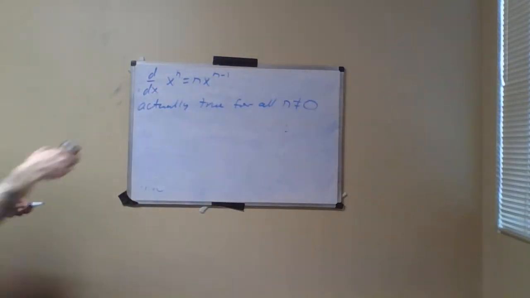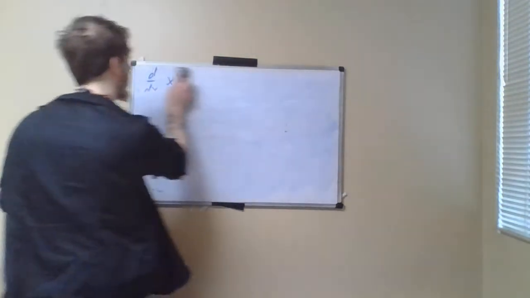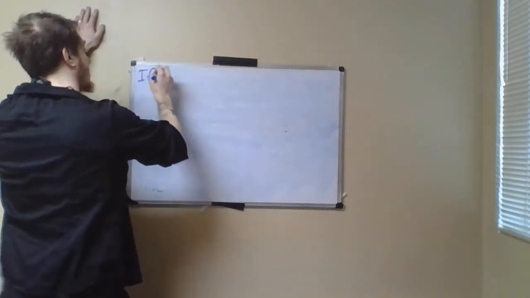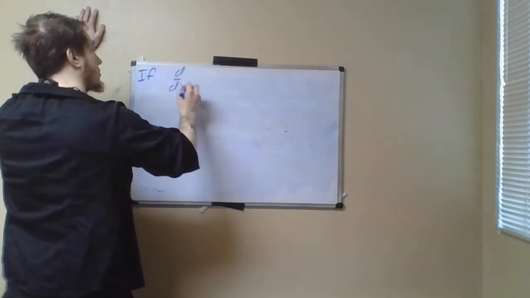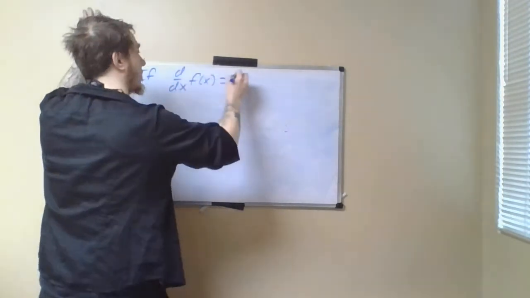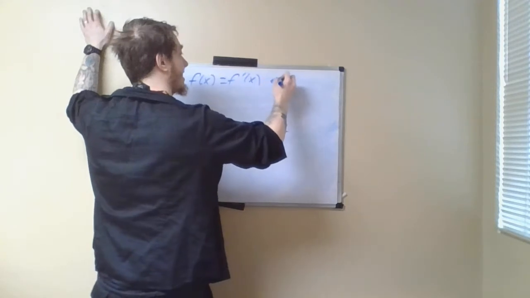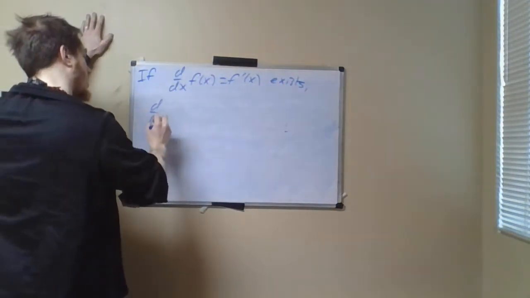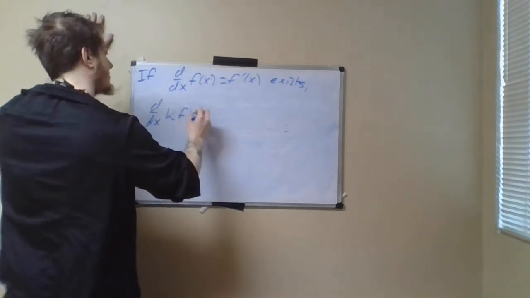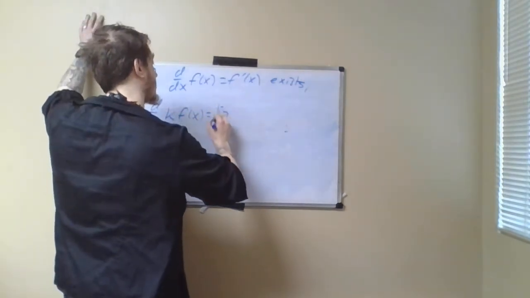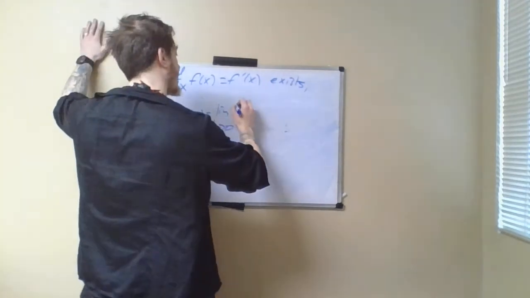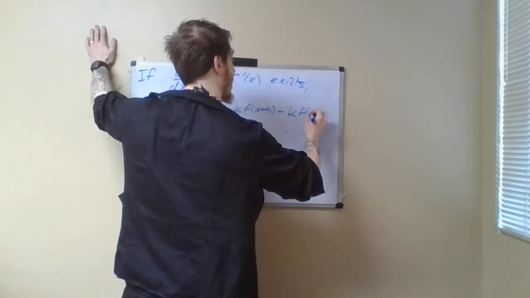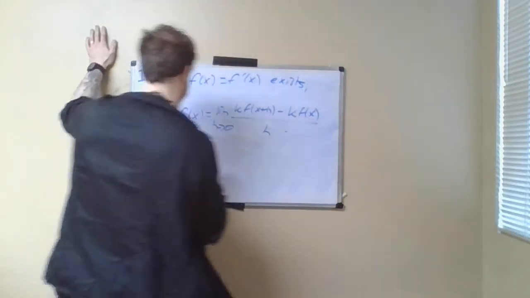Now, two more rules that we need in order to handle polynomials. So the first rule is this. If the derivative of f of x equals f prime of x exists, then the derivative of a constant times f of x is going to be the limit as h goes to 0 of k times f of x plus h minus k times f of x, all divided by h.